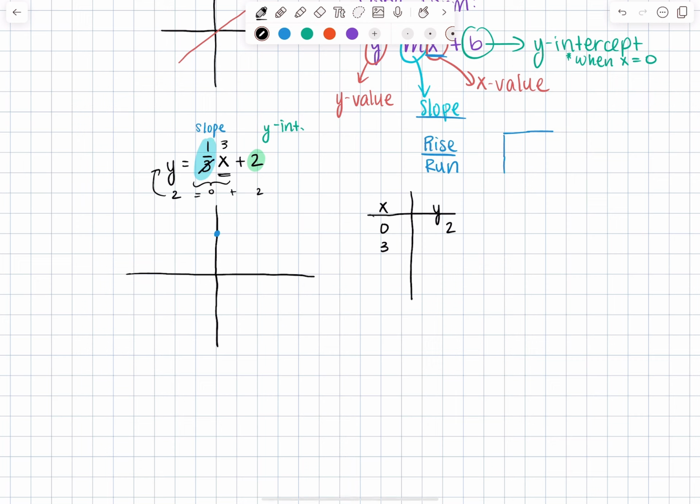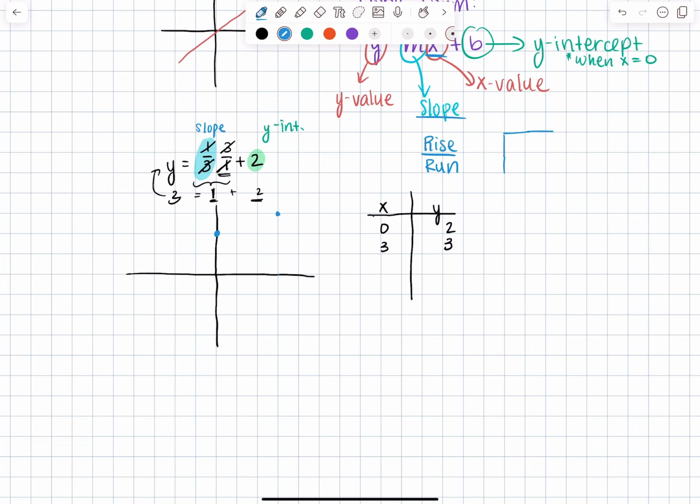So 3 over 1, the 3's cancel out, and we're left with 1 plus 2. Remember, this equals 1, not 0. So 1 plus 2 equals 3. When x is 3, y is 3. So we can plot that.